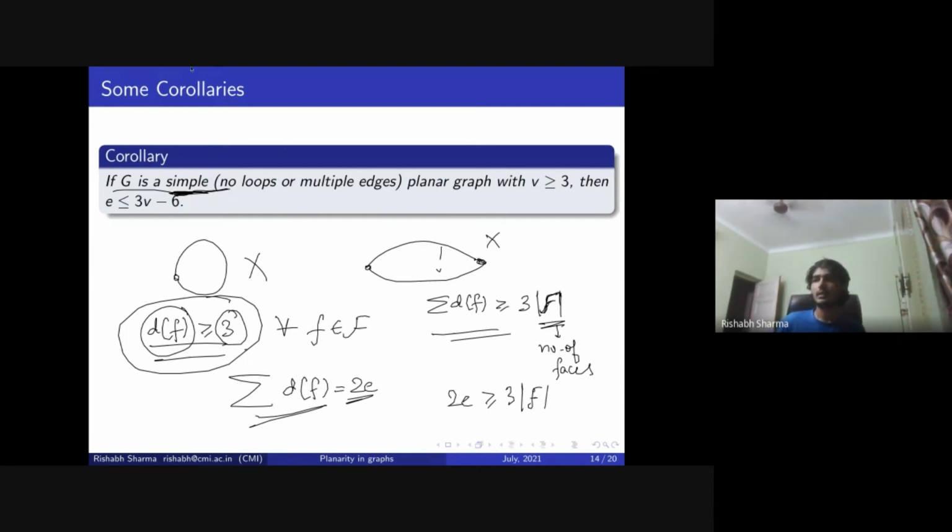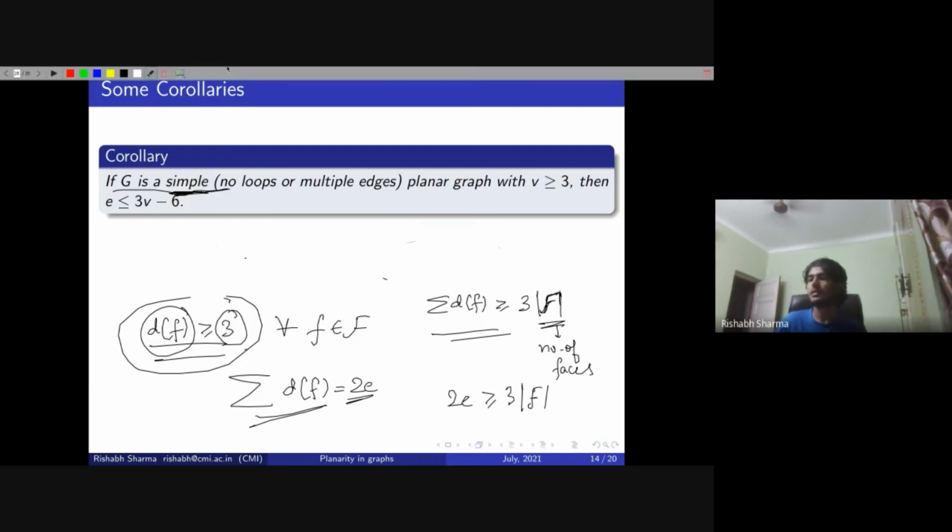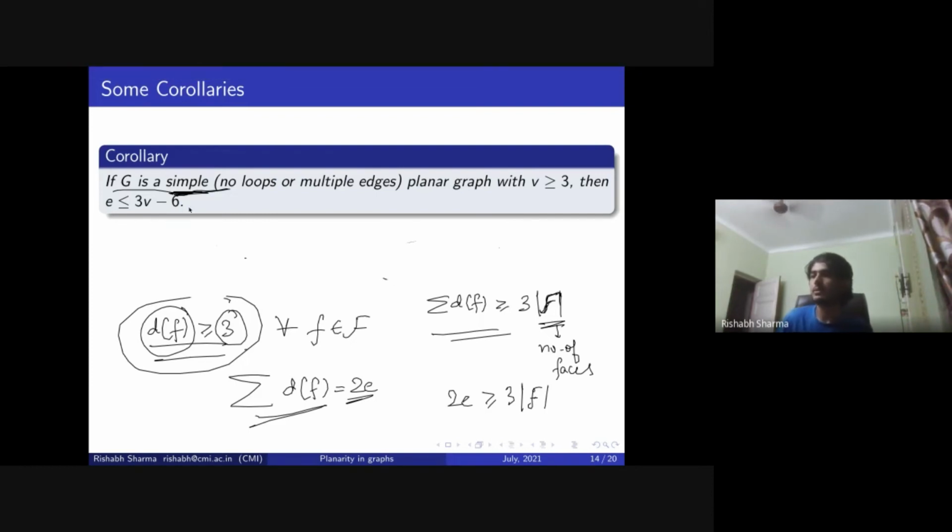And now what we can do is, sorry, I'm just making some space over there. Now you can use Euler's formula again, which is v minus e plus f is equal to 2.